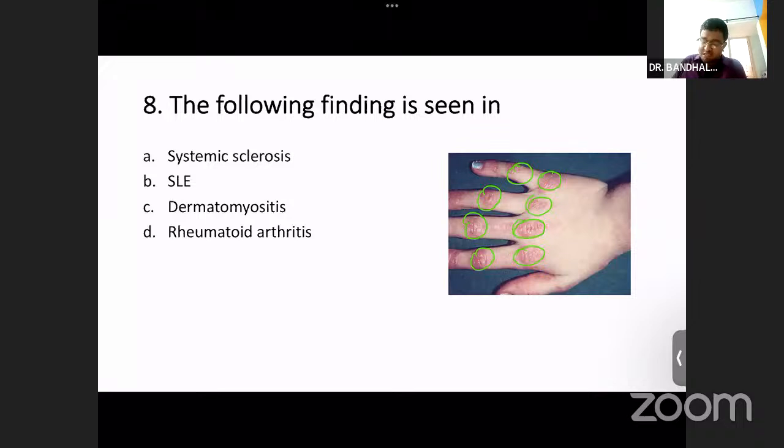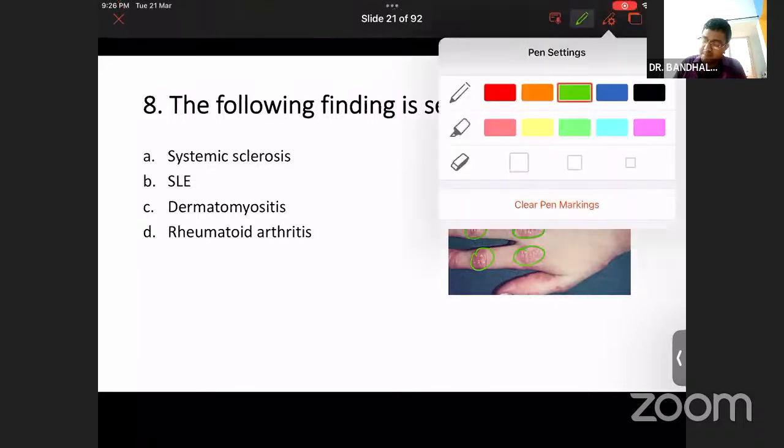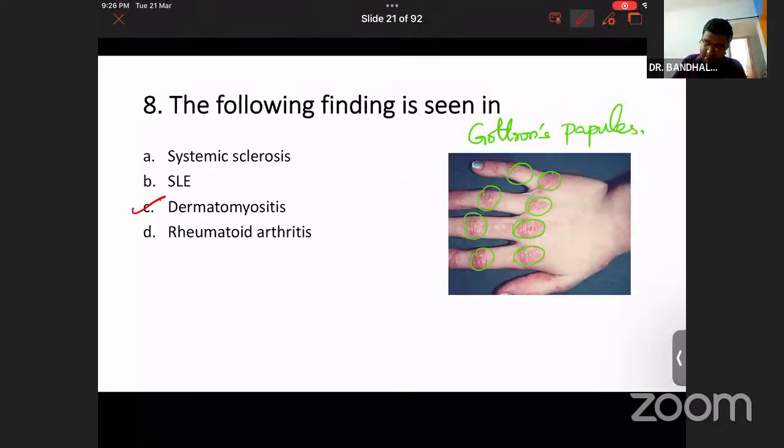These are known as Gottron's papules. Gottron's papules are characteristic of a condition known as dermatomyositis. If you have lesions over the knuckles, it is Gottron's papules seen in dermatomyositis.